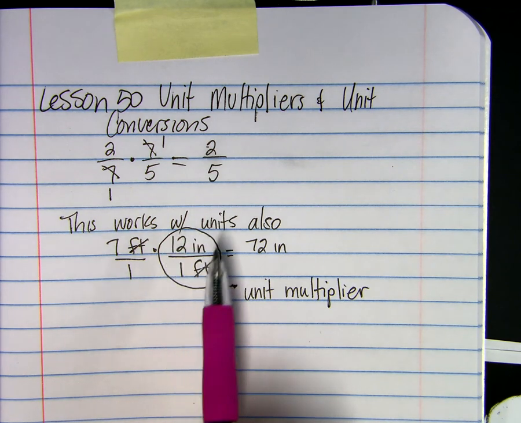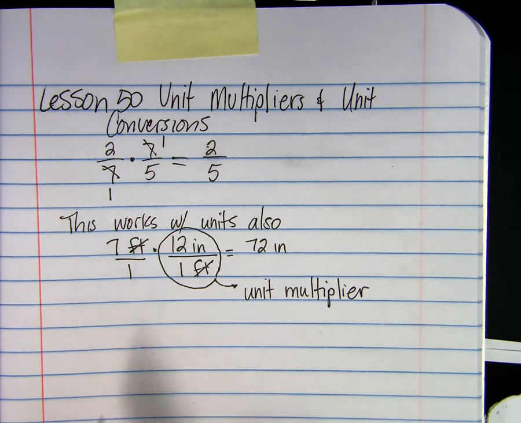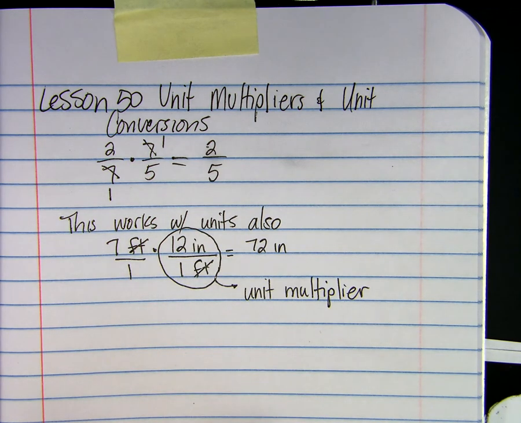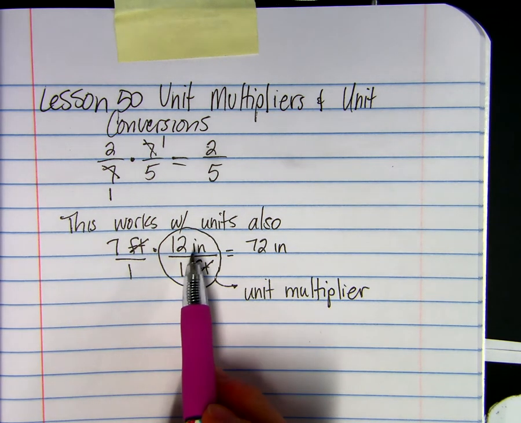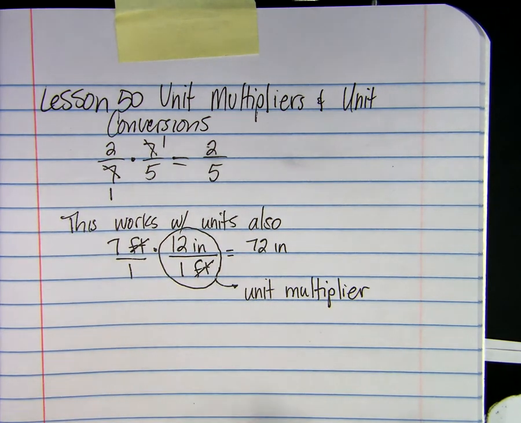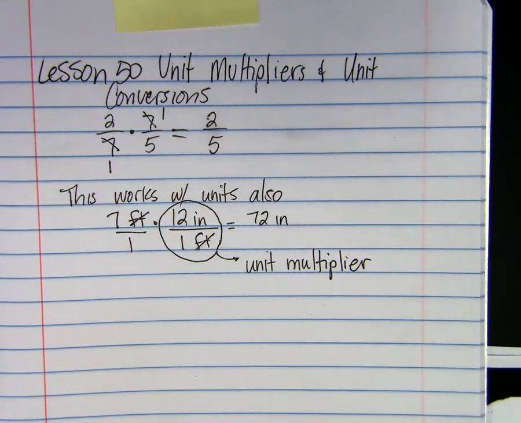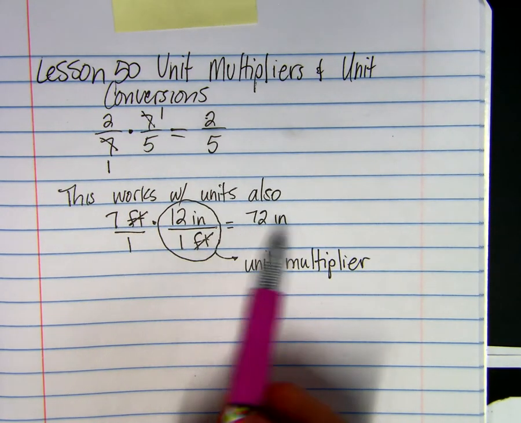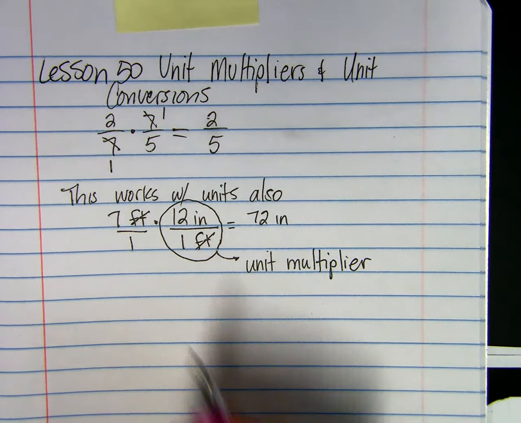So since 12 inches is the same thing as 1 foot, this just equals 1. Because when you have the numerator and the denominator, the same thing, it equals 1. So we're just timesing by 1. So 72 feet actually equals 72 inches.